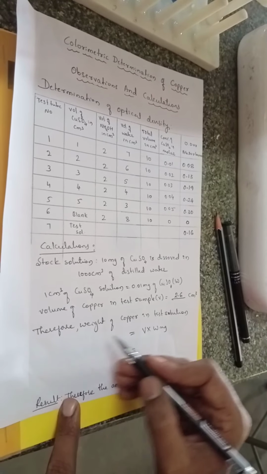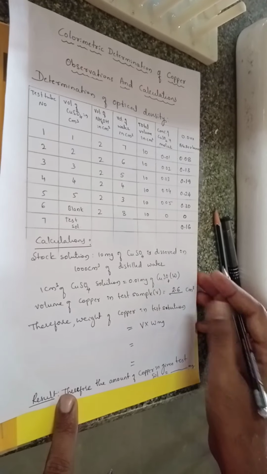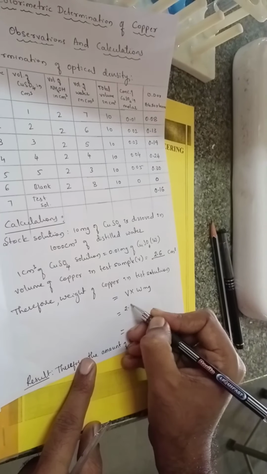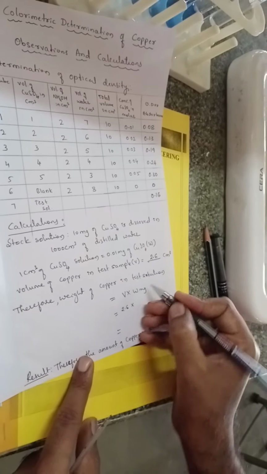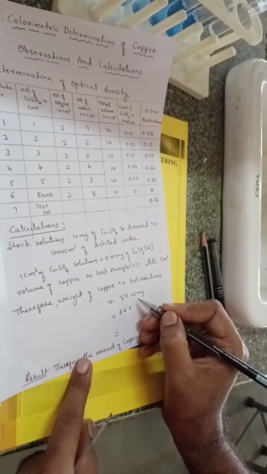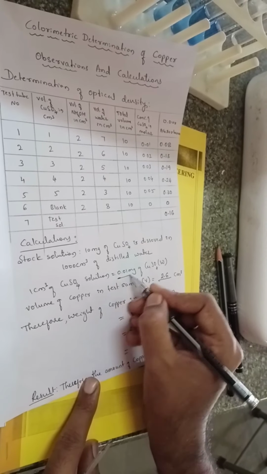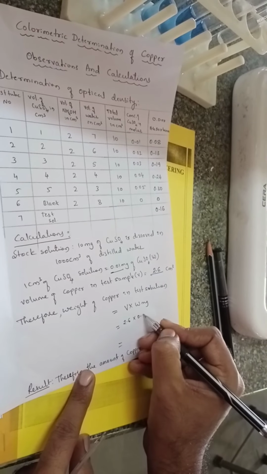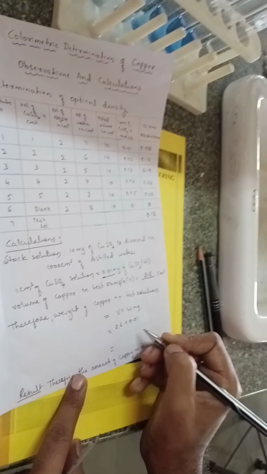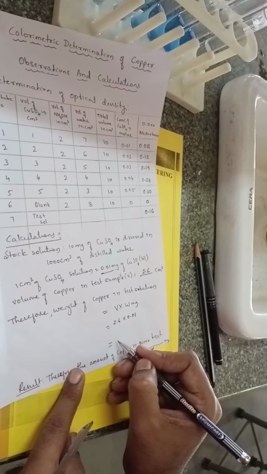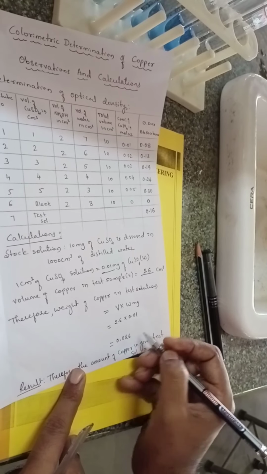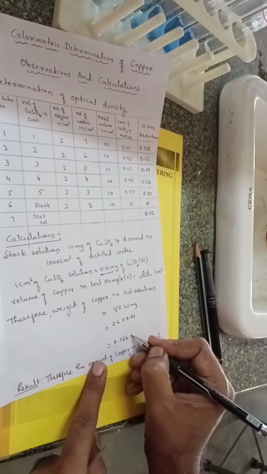Therefore the weight of copper in the test solution, as we know the V value is 2.6, and we know the value of W, that is 0.01 milligram. So multiplying 0.01 by 2.6, we get 0.026 milligram.